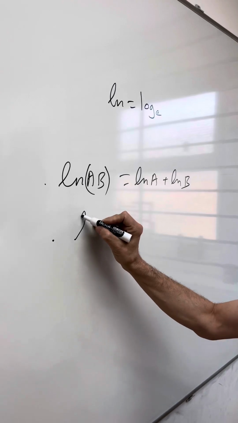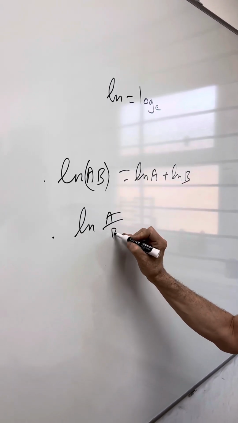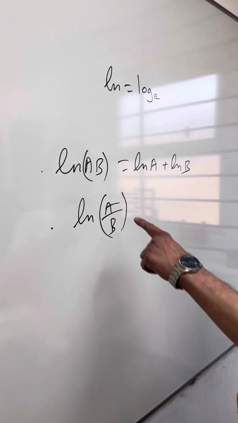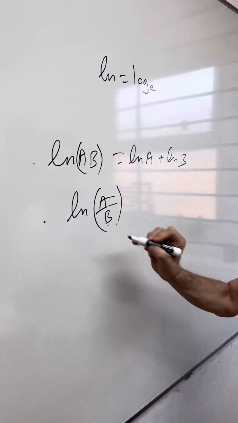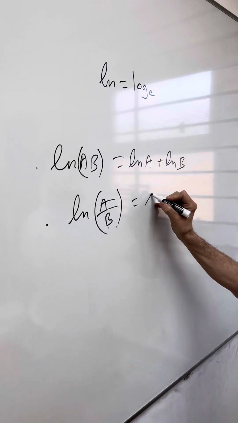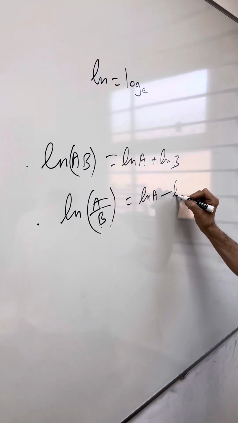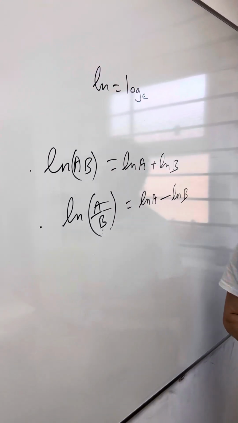The second generalization is when you've got the log of a quotient. Let's say A and B, A is the numerator, B is the denominator. That will be the same as log of the numerator minus log of the denominator.